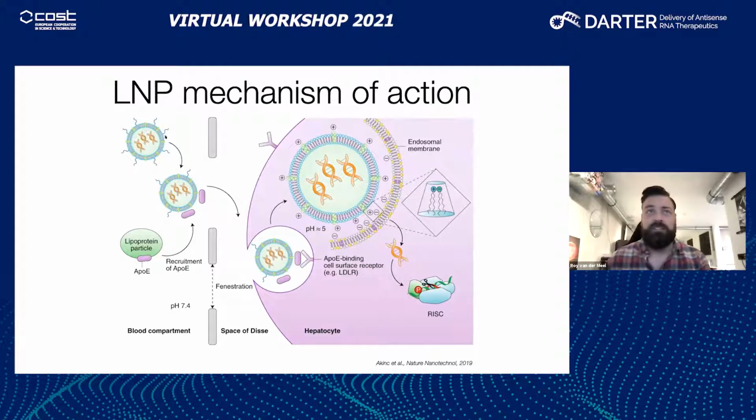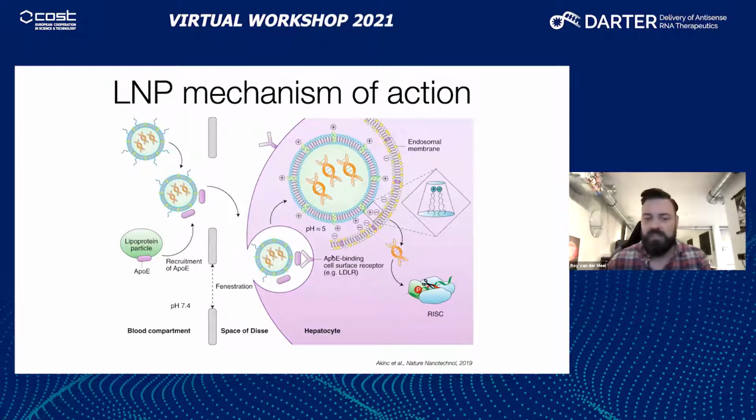First, you get a dissociation of the PEG lipids from the nanoparticle, where there's a coating of the apolipoprotein E, which comes from LDL or HDL. And once this particle with this corona of ApoE passes the fenestrated endothelium, it can bind to the LDL receptor or other ApoE binding receptors on hepatocytes.